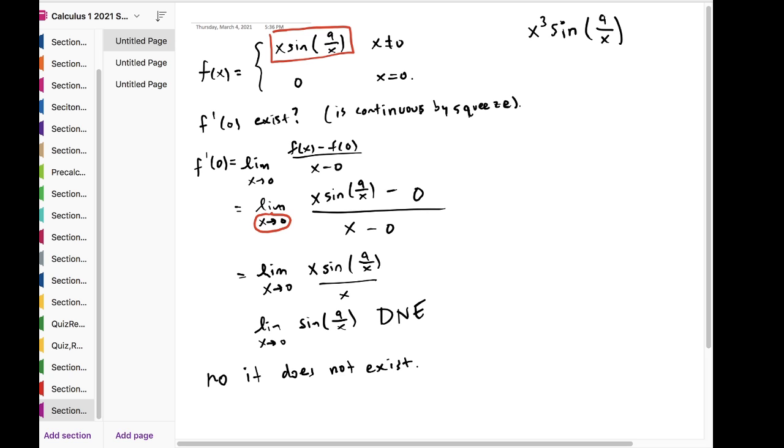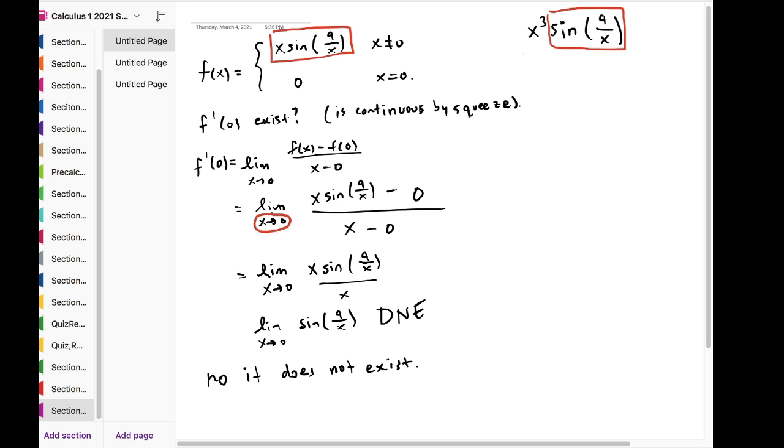We'll do that at the end. It turns out the derivative does exist at 0 if you allow this to be 0 at 0.